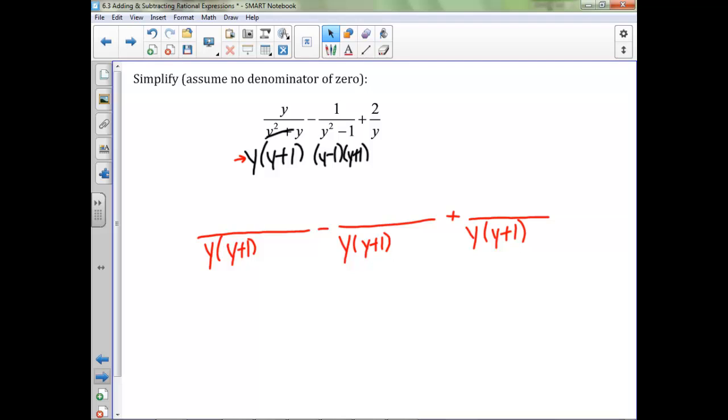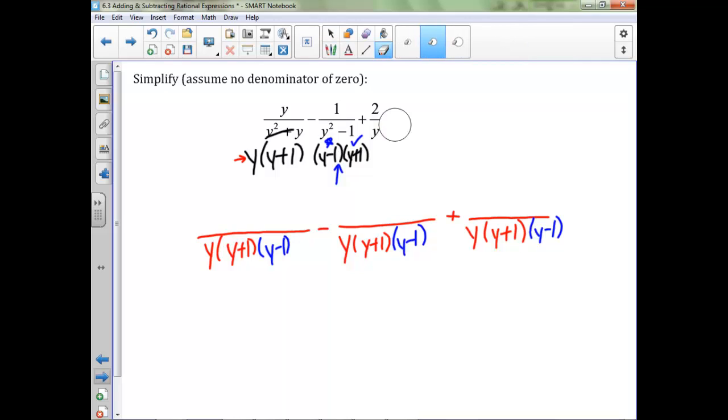But then we also need, from this middle fraction, we already have a y plus 1, but we need a y minus 1. And then looking at this last fraction, we already have our y accounted for, so that we are good.